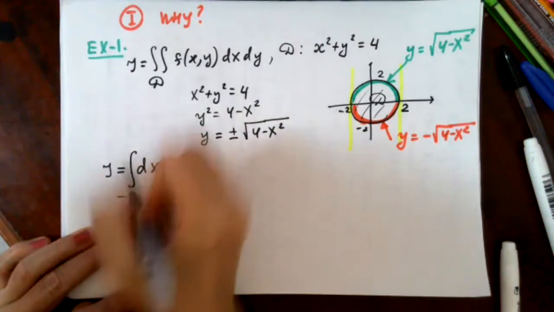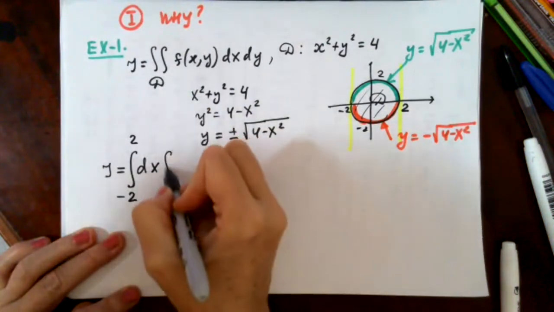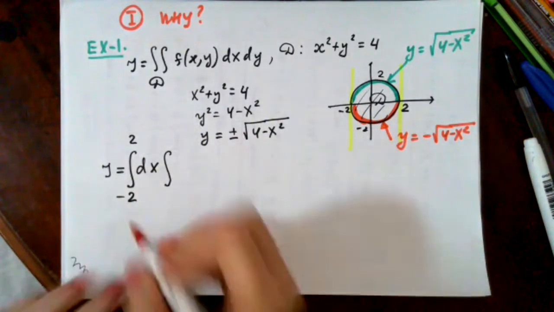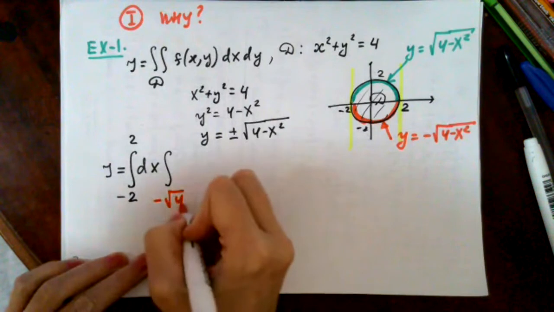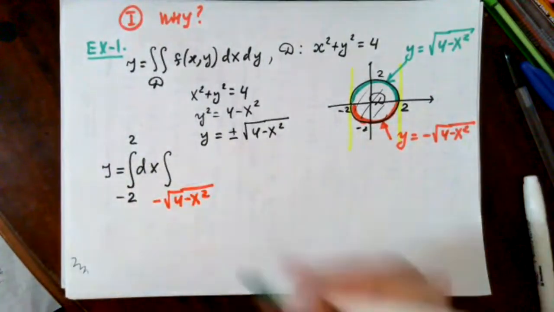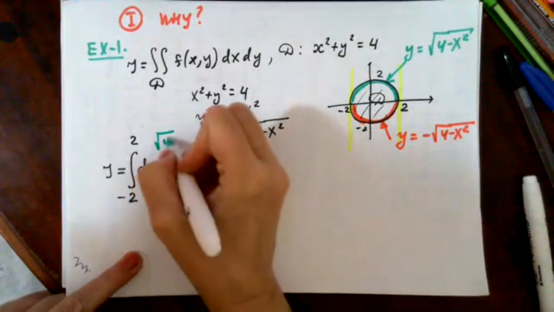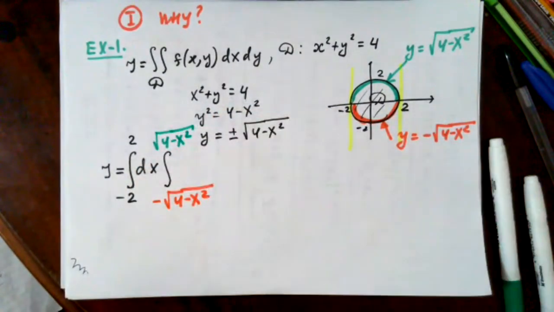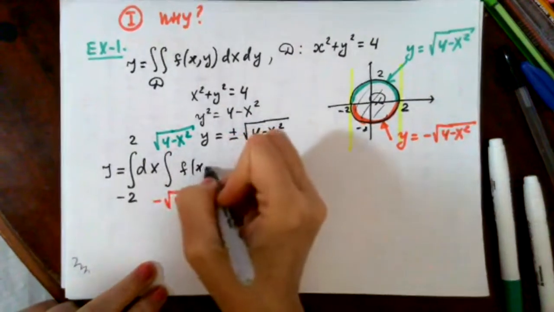Dx is from -2 to 2 as usual. And as for the second integral, it's from the bottom part of our circle, which has a minus in front of square root, to the top half of the circle, which has plus in front of the square root. That's it.